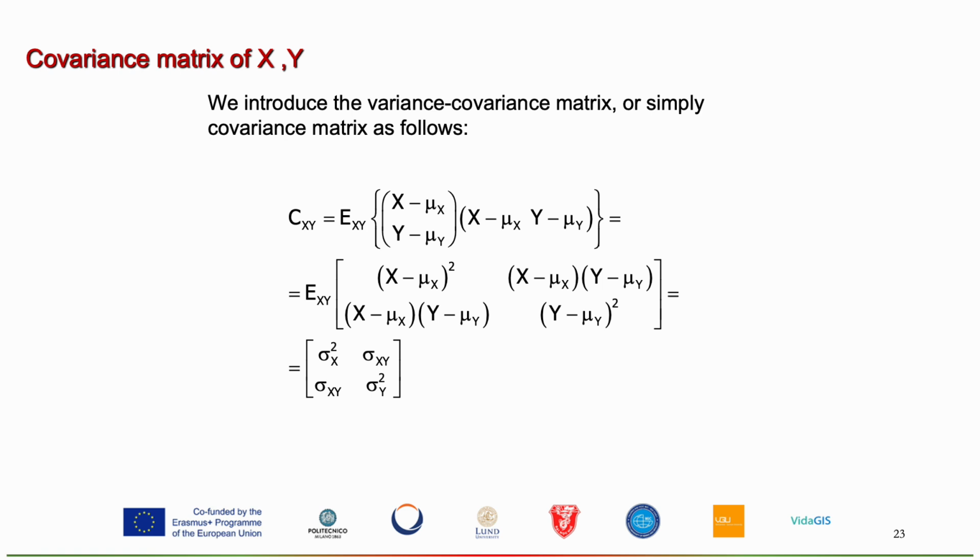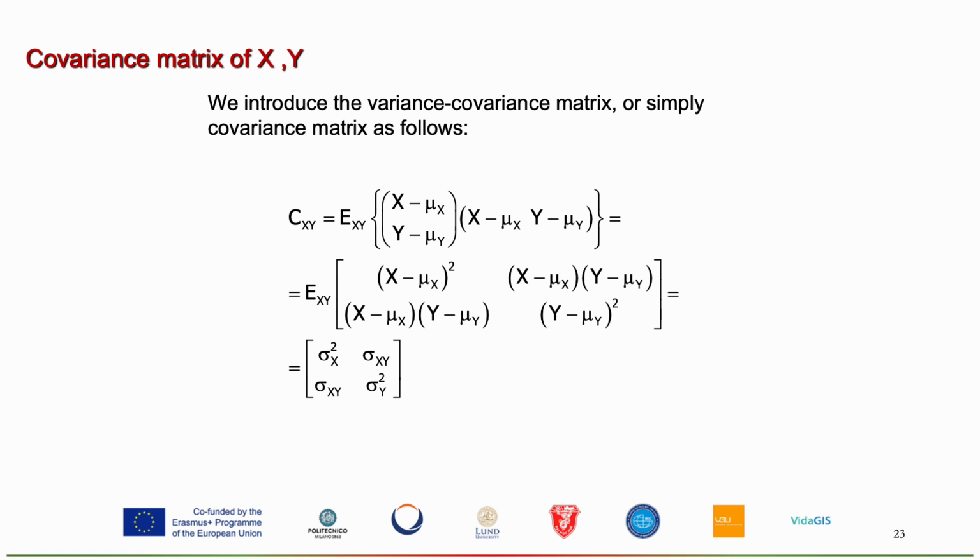So, in the first diagonal element, you have (x - μx)². In the second diagonal element, you have (y - μy)². In the off-diagonal elements, you have (x - μx) that multiplies (y - μy) in both elements.